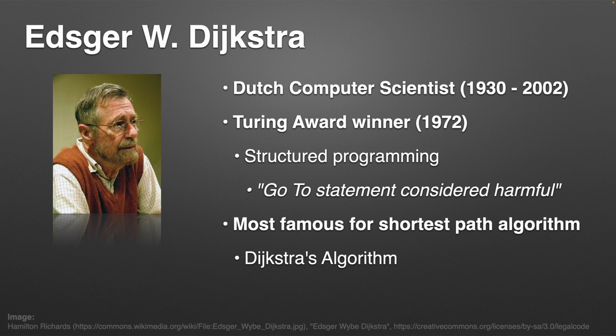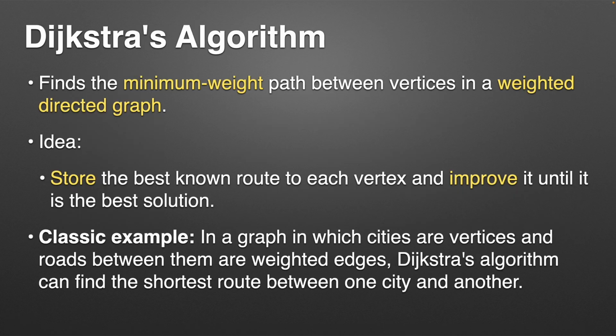And Dijkstra's algorithm is a greedy algorithm that will get you the shortest path on a weighted graph. At a high level, the idea is that we're going to find the minimum weight between vertices in a weighted directed graph.